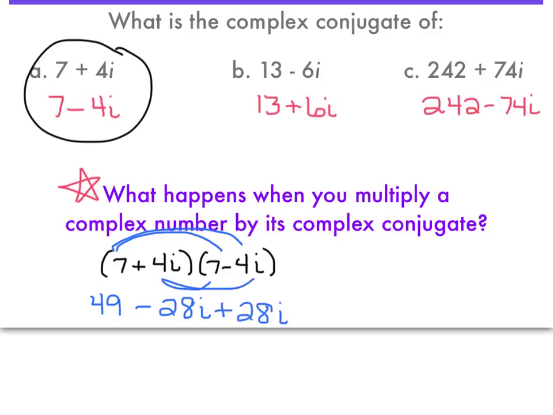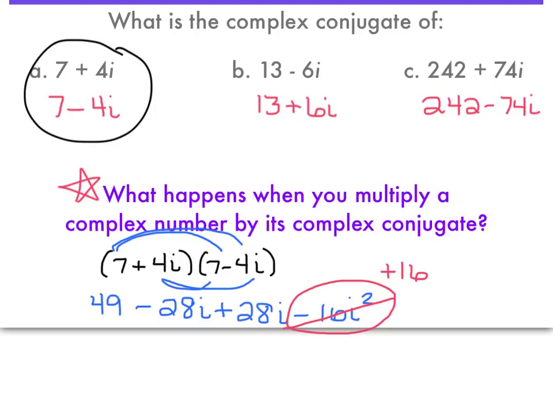And 4i times negative 4i, well, 4 times negative 4 is negative 16, and i times i is i squared. Okay, so first of all, negative 16i squared can really be turned into a plus 16. Again, because i squared is really negative 1, so negative 16 times negative 1 is positive 16.